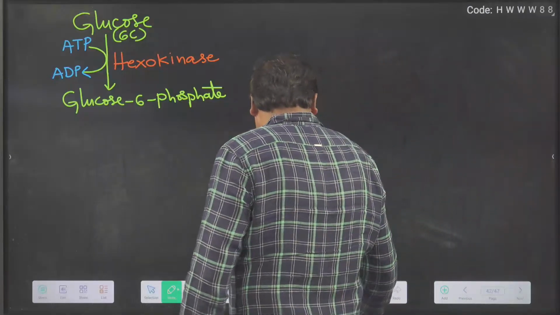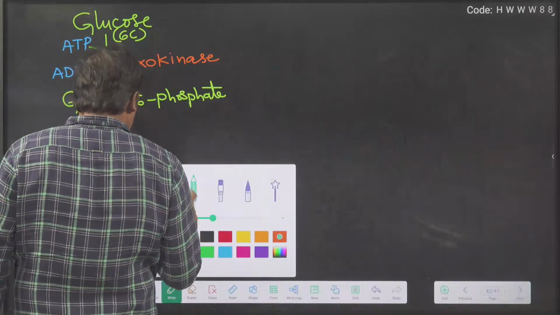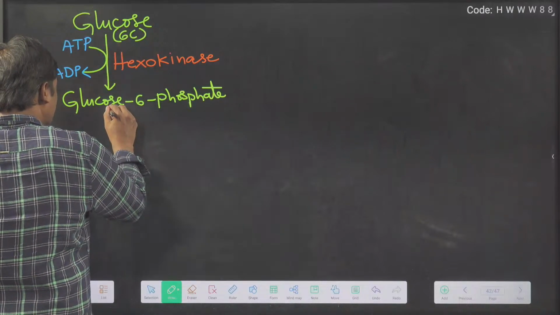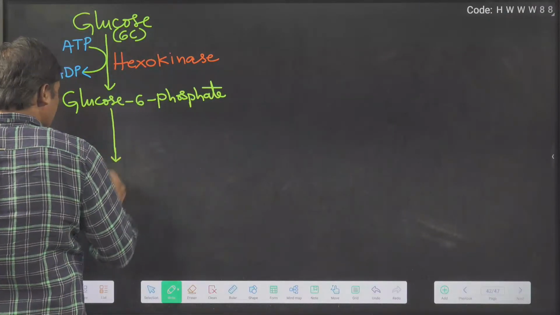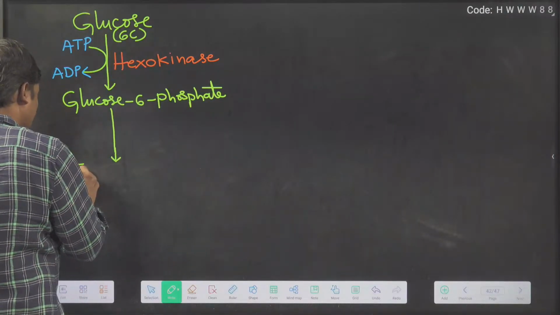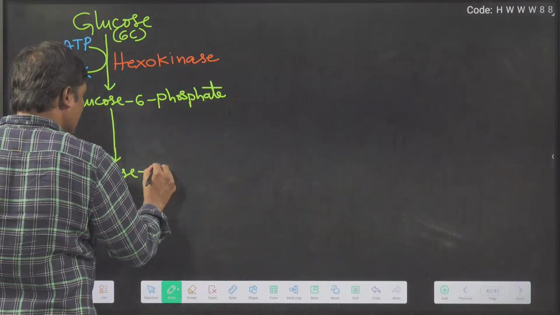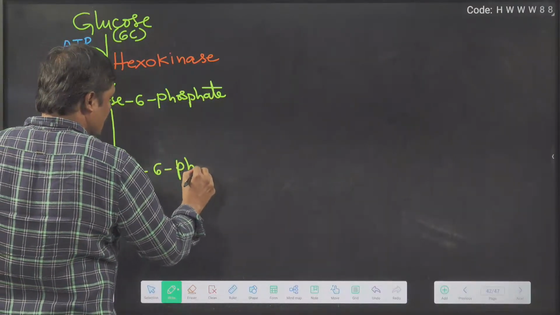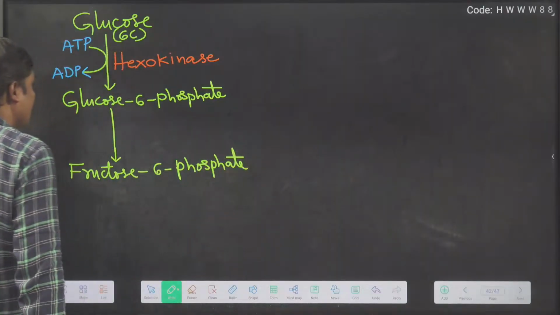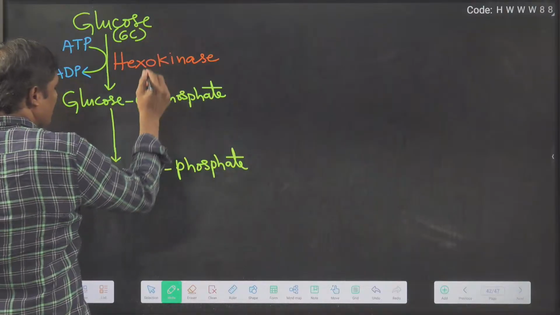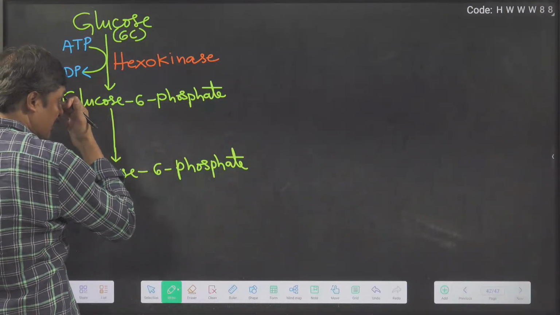In the second step, this glucose 6-phosphate is isomerized into fructose 6-phosphate. This is a 6-carbon molecule, and this is also a 6-carbon molecule.